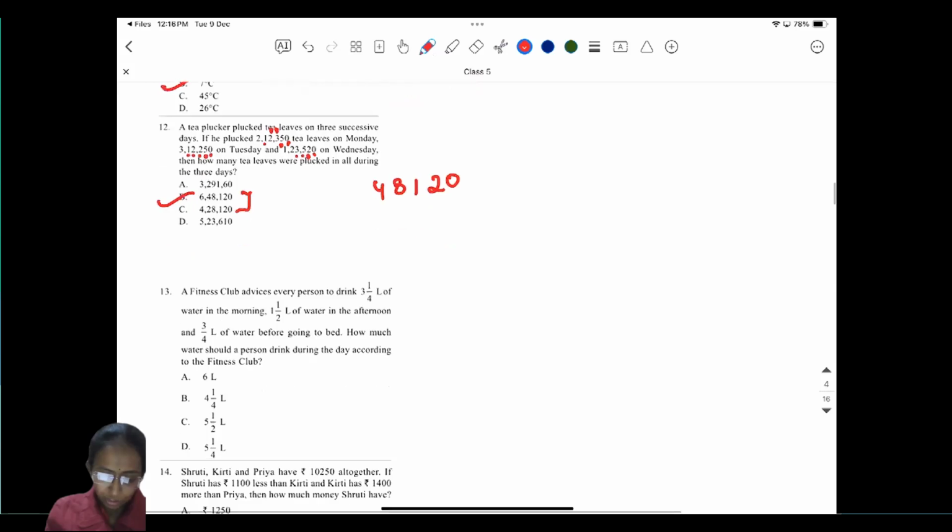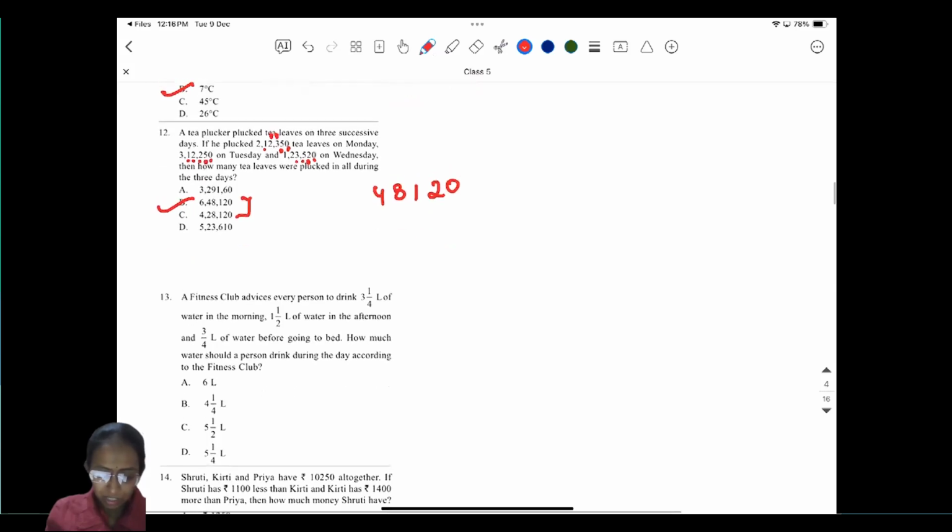Next, 13th question. A fitness club advised every person to drink 3 1/4 liter of water in morning, 1 1/2 liters of water in afternoon, and 3/4 liter of water before going to bed. How much water should a person drink during the day according to the fitness club? That means we just have to add all these 3 fractions.